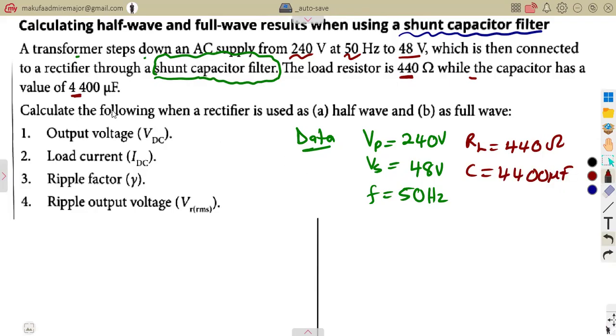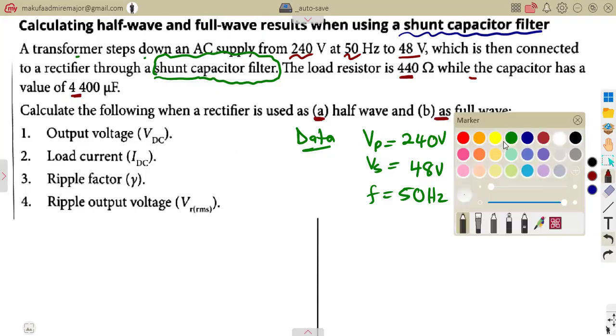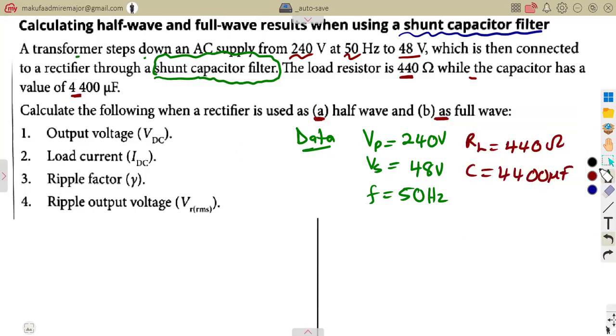So the question was, calculate the following when the rectifier is used as a half wave or as a full wave. So there are two things that you have to consider there. This side we are going to consider for a half wave.